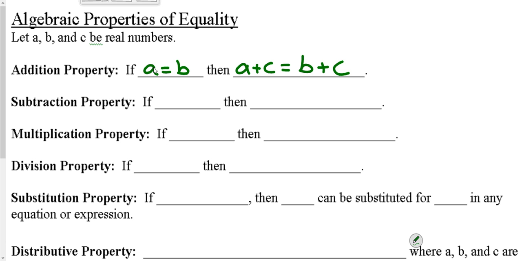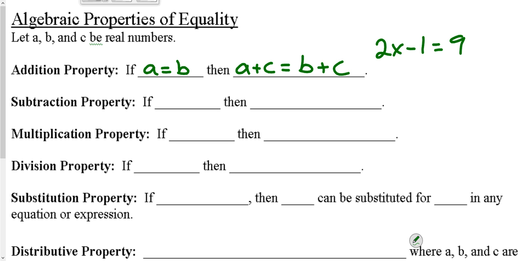So an example of that would be we have 2x minus 1 equals 9. We know 2x minus 1 equals 9.